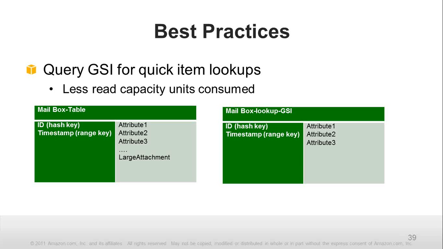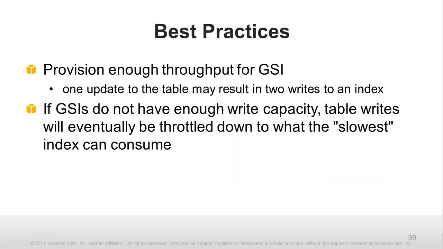One way of reducing the cost would be to create a mailbox lookup GSI and simply carry those three attributes. Once somebody picks one, you can go back to the primary table and get the large attachment. So this is one way of reducing the consumed read capacity units.